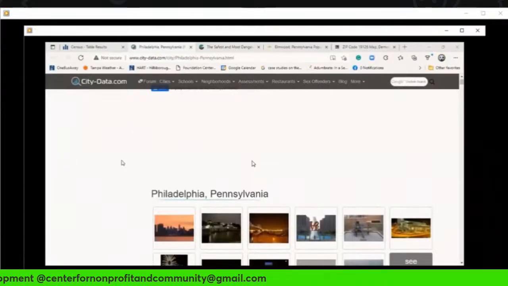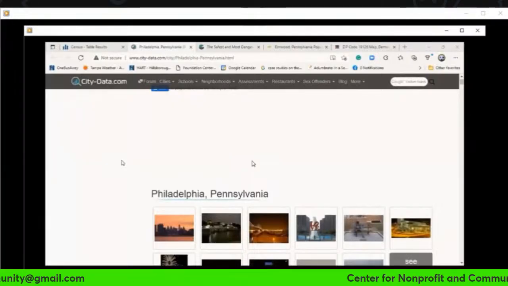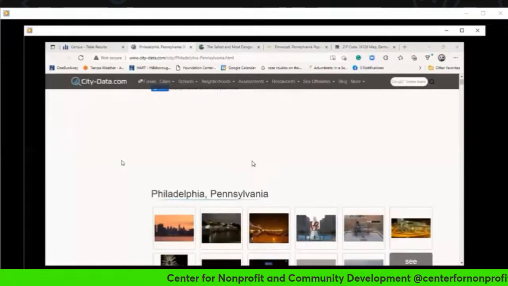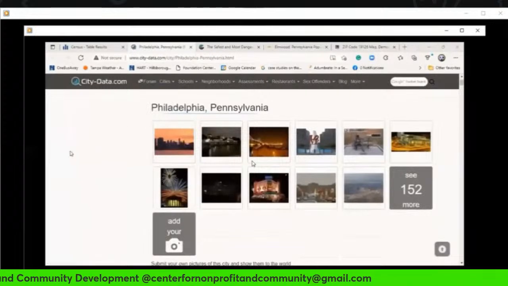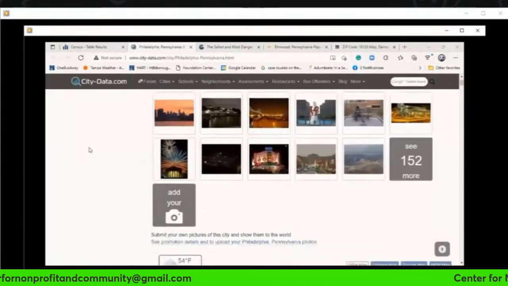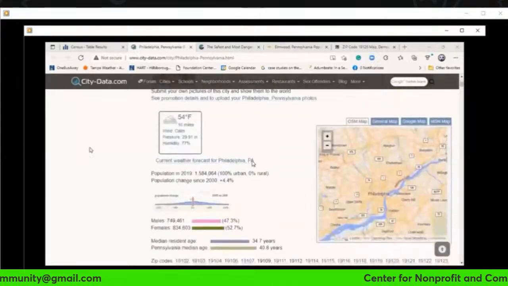I could have also gone by a particular community, your neighborhood community. But for this purpose, I'm looking at the city as a whole. But you can drill down with the software to your community, and as a matter of fact, to your zip code as well.